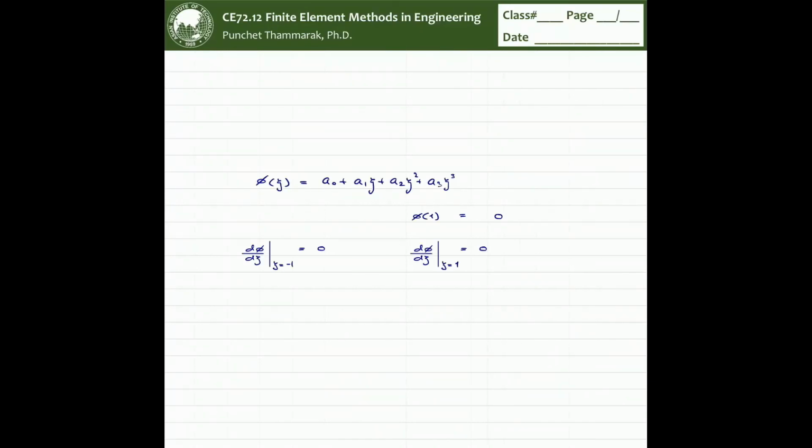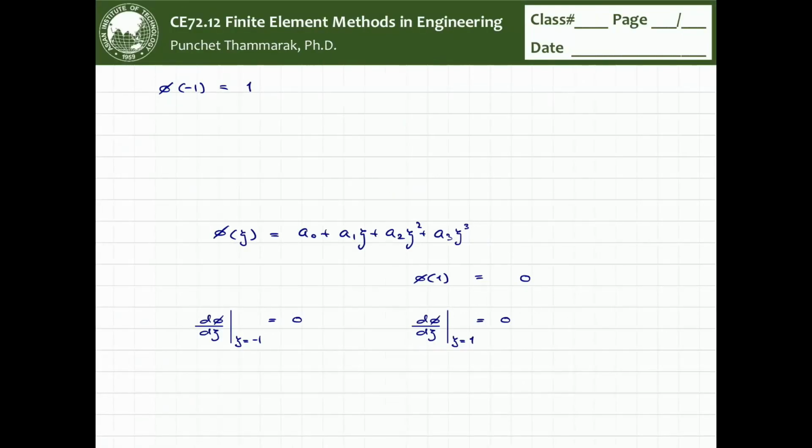One at a time: 1 equals a0 plus a1 times minus 1 plus a2 times minus 1 squared plus a3 times minus 1 cubed.